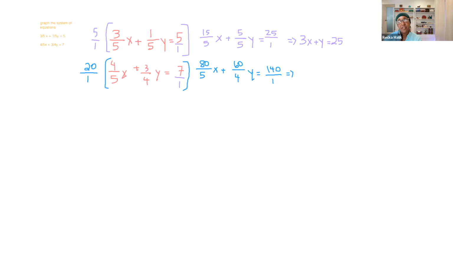Okay, 5 into 80 goes 16, x, plus 4 into 60 goes 15, y, equals 140. Okay, I just rewrite that over here as neatly as I can.